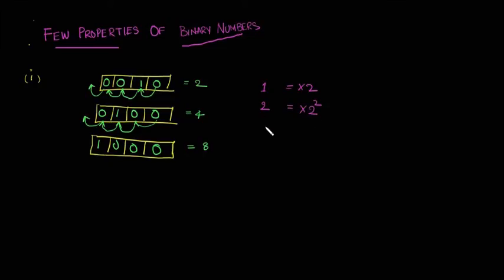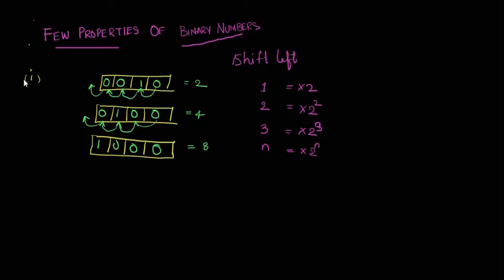If we shift 3 positions, then it is multiplied by 2 power 3. For n bits, it is multiplied by 2 power n. If we shift towards the left, this is also called the shift left operation.